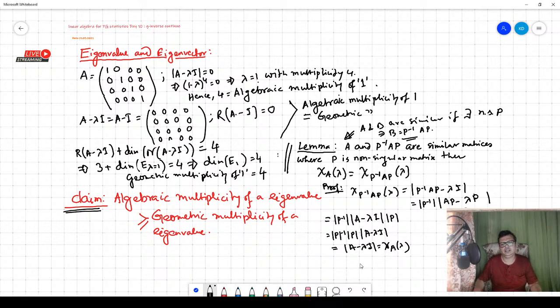Hence, we see that the characteristic polynomials of both matrices are the same. Hence, the eigenvalues of these two matrices are the same. So if two matrices are similar, the eigenvalues of these two matrices are the same.